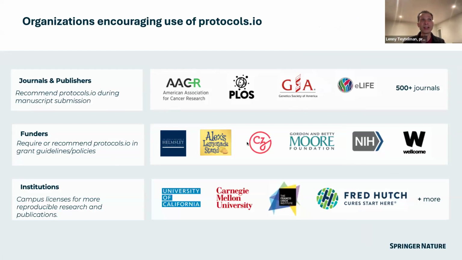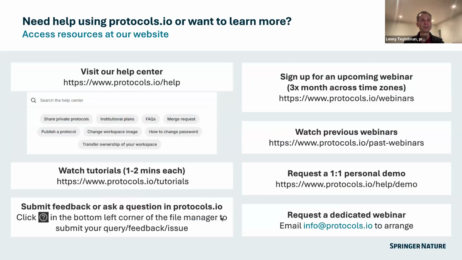There are more and more funders that expect grantees to share detailed protocols when they give a research grant. And there are more and more universities partnering with protocols.io to make it free to use in the premium mode as well.